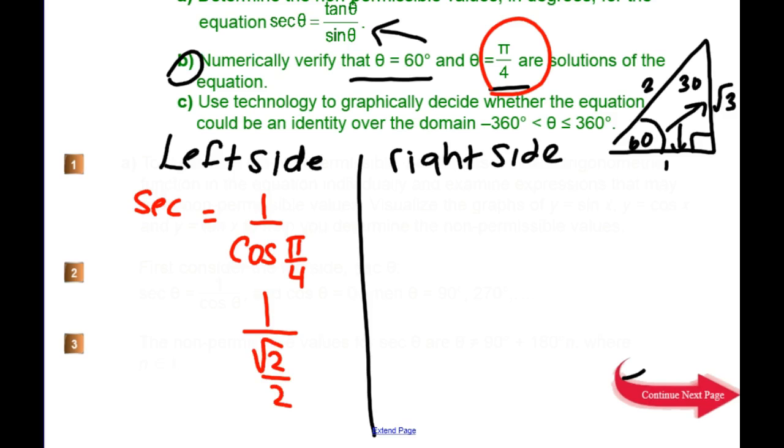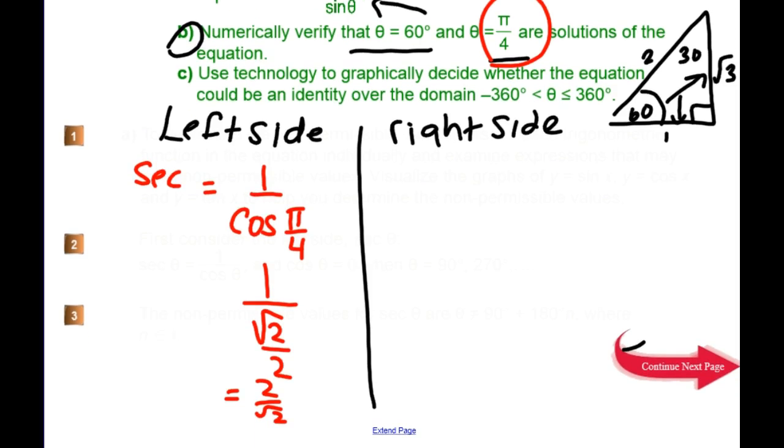And remember, if it's root 2 over 2, secant's the opposite, so your answer is actually going to be 2 over root 2, because I would be getting this fraction out of the bottom by multiplying by the reciprocal. And I would end up with 2 over root 2, which isn't really great to leave like that because it has the root in the bottom.